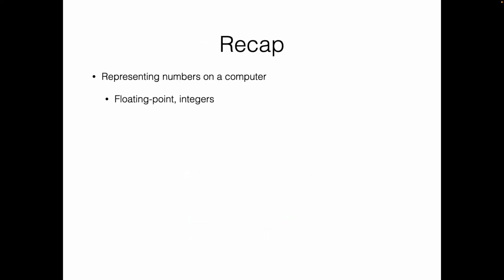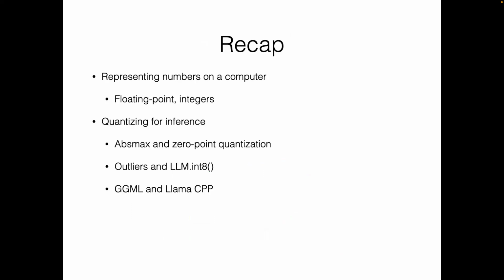Okay, so to recap, we went over 3 different things. We went over how to represent numbers on a computer, talked about floating point and integers. We talked about quantizing for the purpose of doing inference efficiently. So 2 different methods, this issue of outliers, and then some different approaches, this LLM.int8 and the llama.cpp approach.